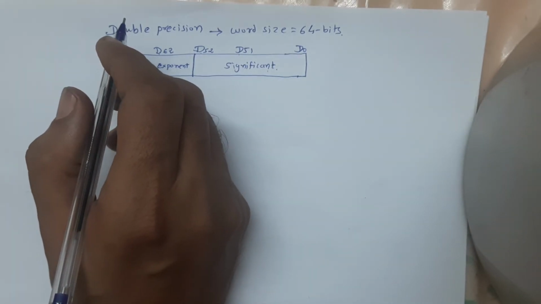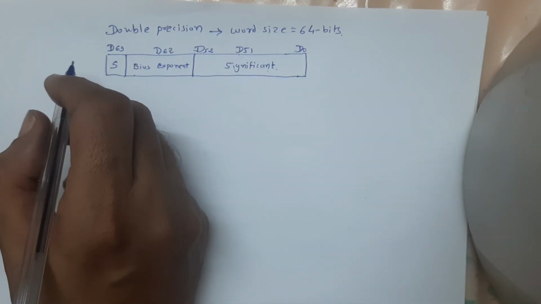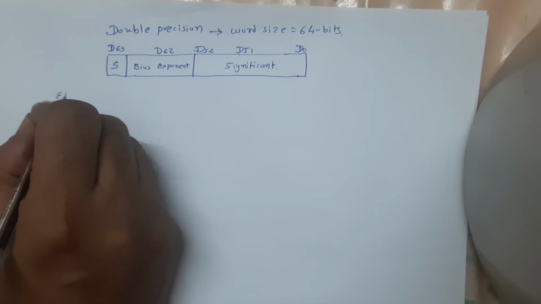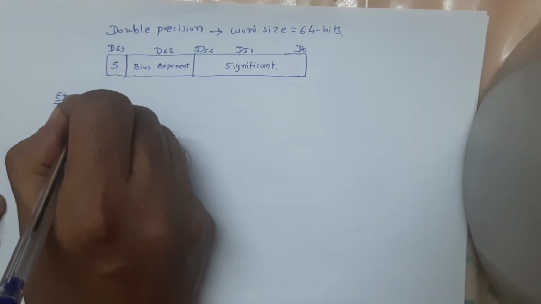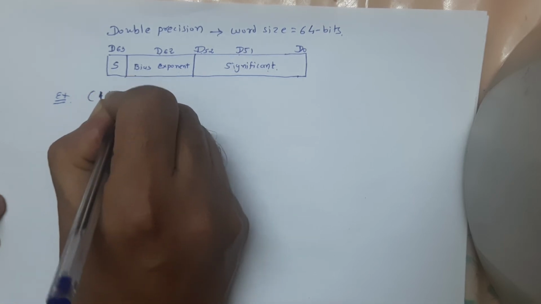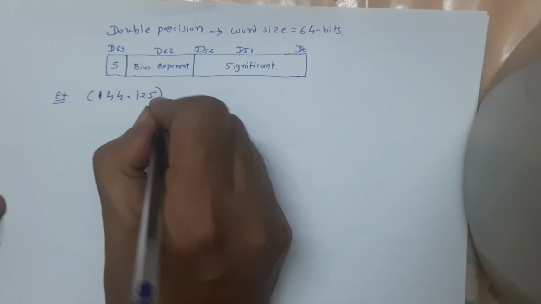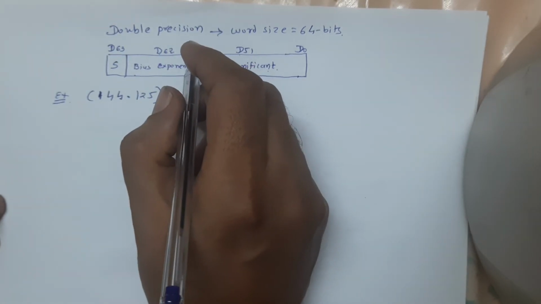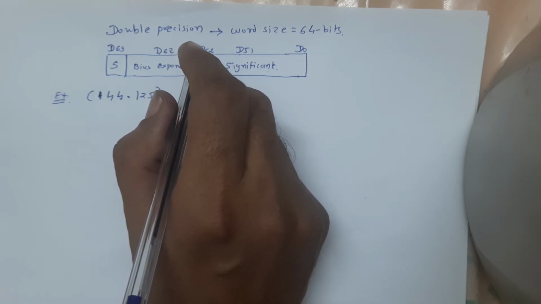Right? So let us consider an example. Here we are taking a direct example. The example is the decimal number 144.125.